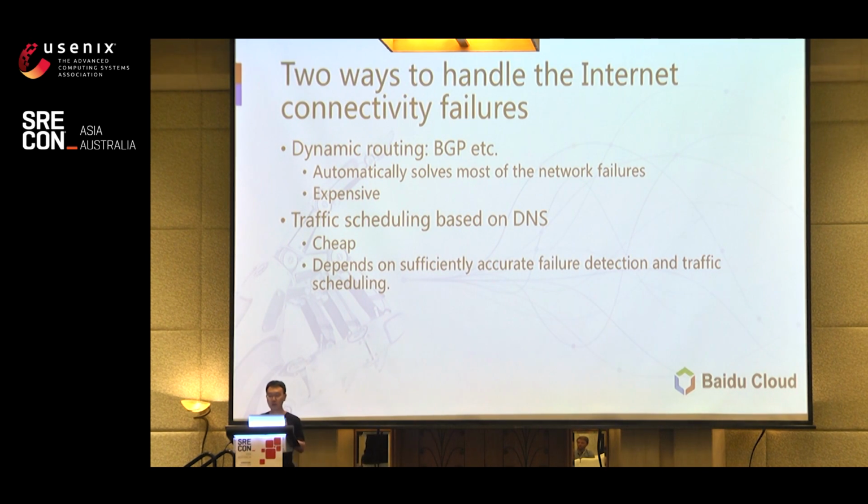There are two main approaches to internet connectivity failures. One is to use the dynamic routing BGP network provided by the ISP to connect the data center. BGP can automatically detect failures in network links and automatically route requests to healthy links.